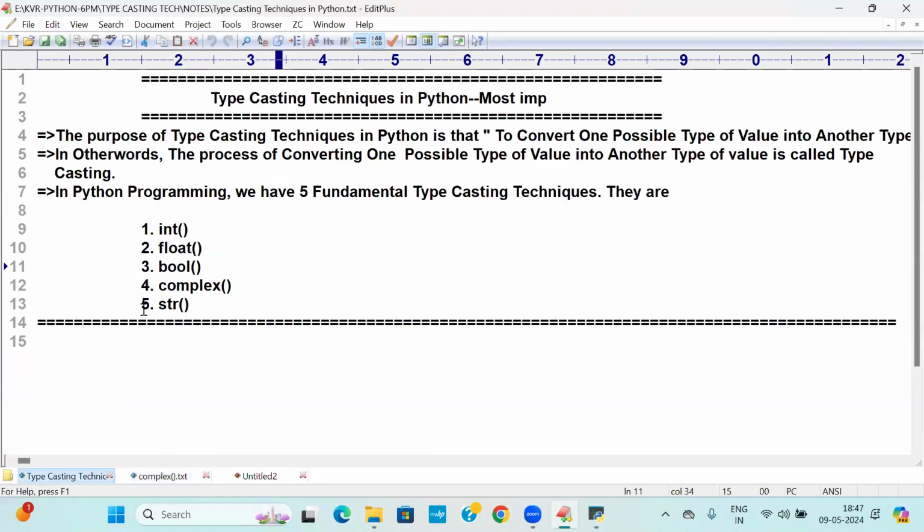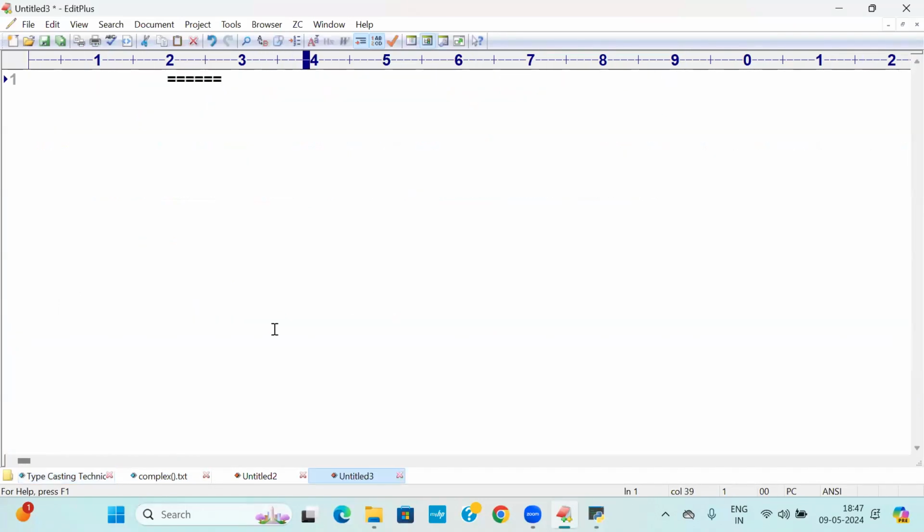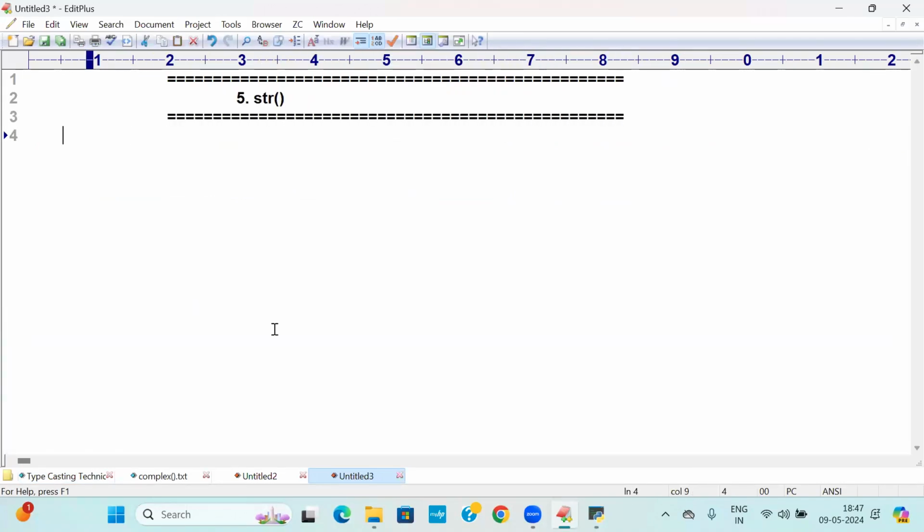Last and final, which is the easiest part, is called str. Very soon I will enter into it further. I am going to talk about str. Very, very easy. Let us look into the str part here. See, students, this str type is a function which is used for converting all types of values into str type.